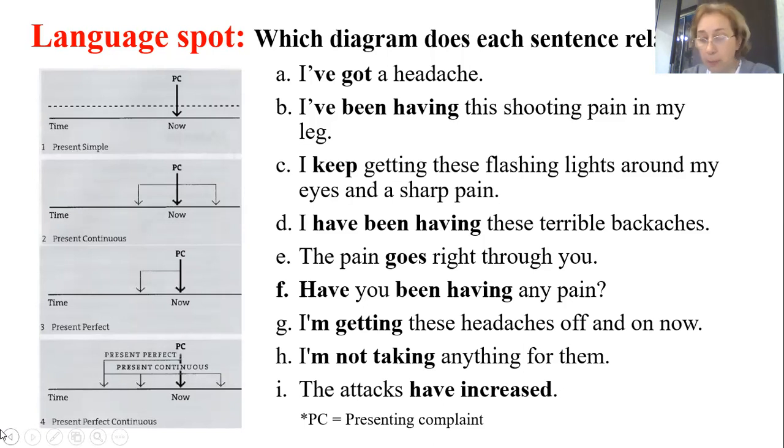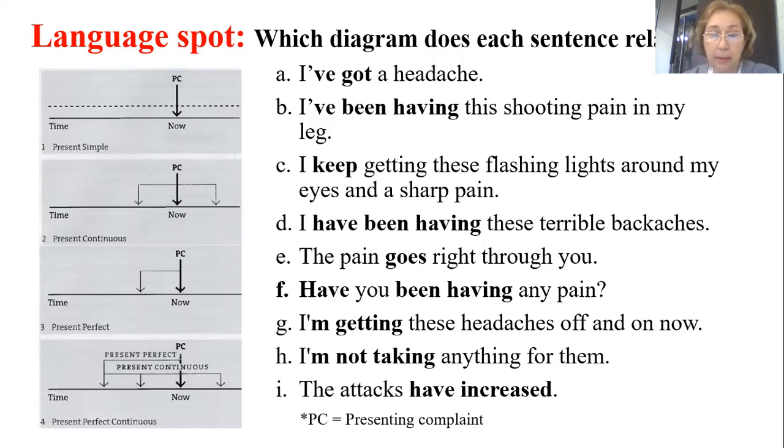Okay, this is simple, maybe, yeah, the meaning. Okay, so the next sentence is for Faida. B sentence, please. I've been having this shooting pain in my leg. Present perfect continuous. Exactly, right.